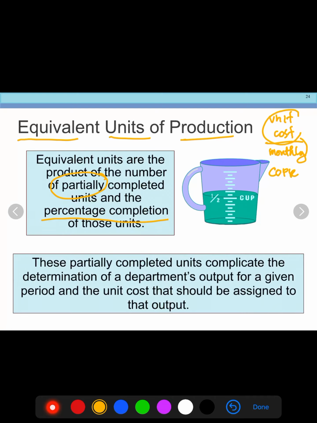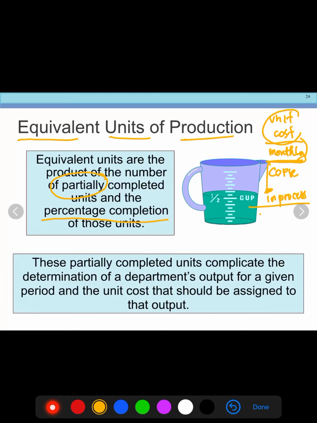So since the identification of the unit cost happens on a monthly or periodical basis, you have to compute for it. And it is a reality that during the end of the month, there is a possibility of the existence of units that are still in process.